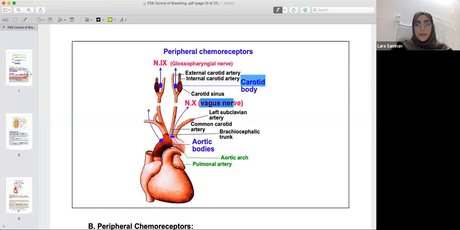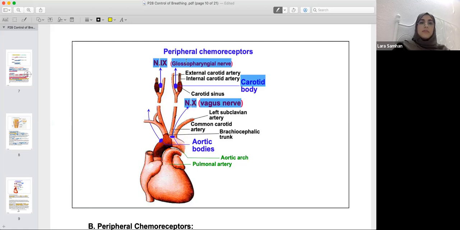Now here they said vagus nerve, and here we have the glossopharyngeal nerve. What is this vagus nerve? What's this glossopharyngeal nerve? Here we have X, which is basically number 10. Sometimes we write X, IX, and so on; those are Roman numerals.